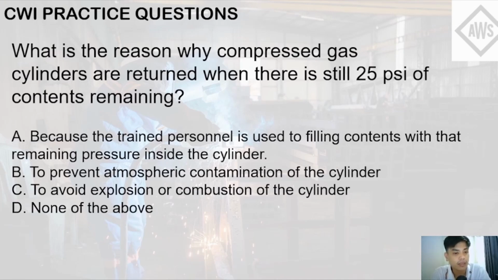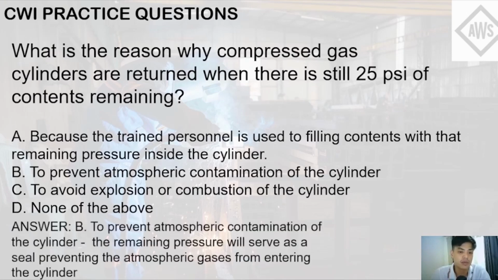This might be problematic, but in order for the cylinder to explode, it needs to have a source of heat. So in this example, there's none. Letter D, none of the above. So the answer here is letter B. To prevent atmospheric contamination of the cylinder, the remaining pressure will serve as a seal, preventing the atmospheric gases from entering the cylinder.